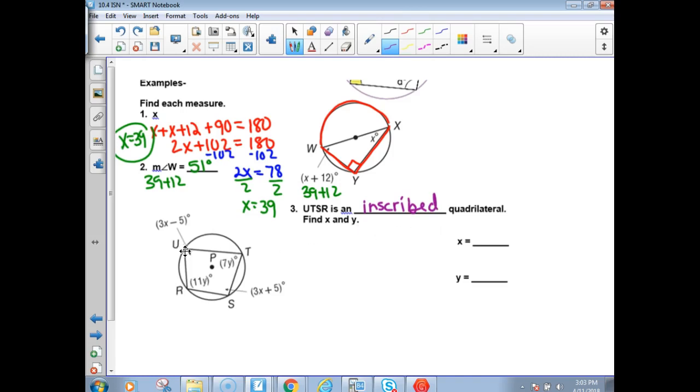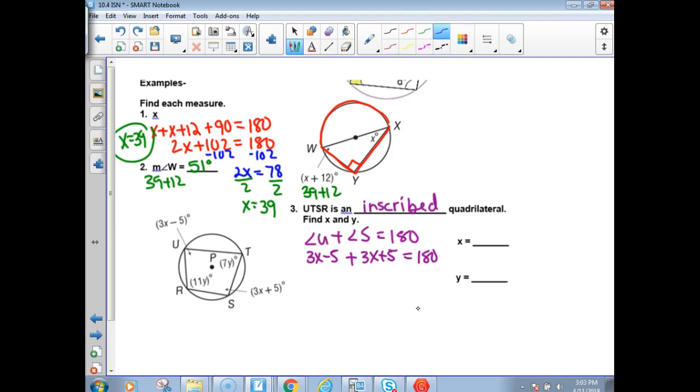Find x and y. To find x, angle U plus angle S equals 180. Substituting for angle U, 3x minus 5, plus substituting for angle S, 3x plus 5 equals 180.